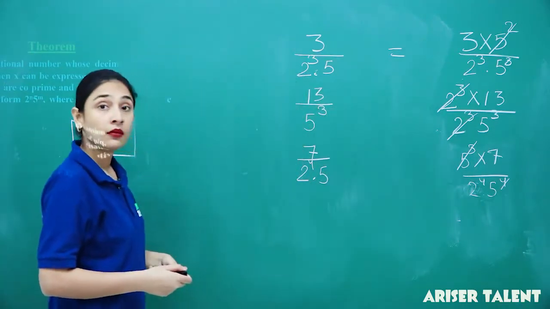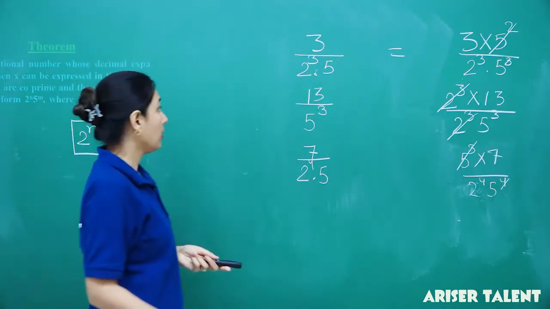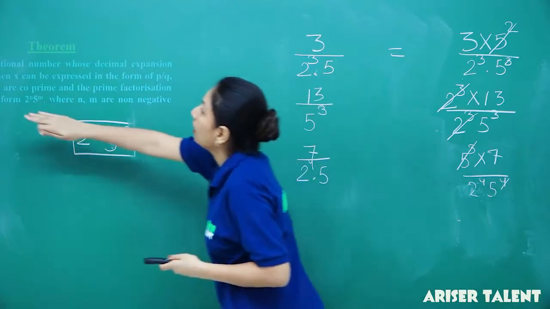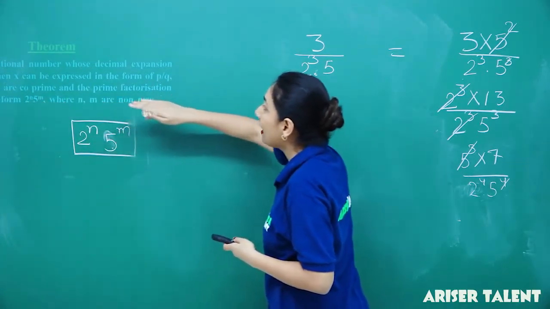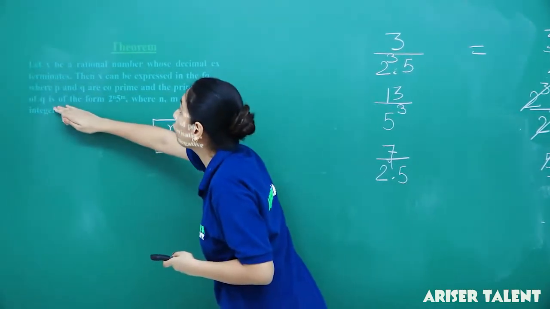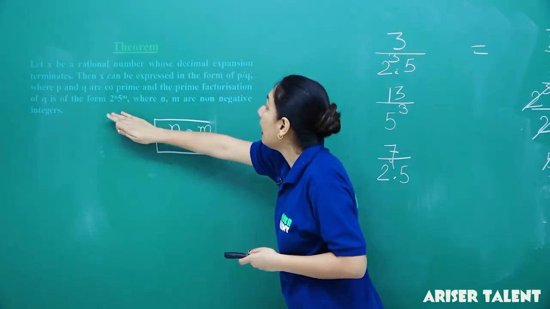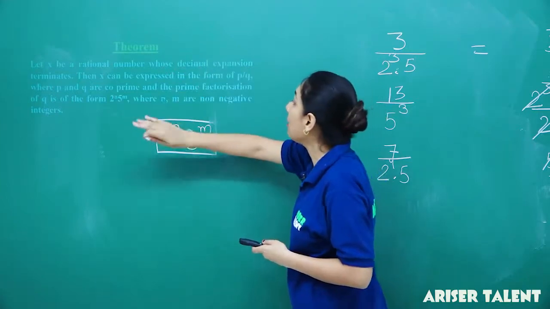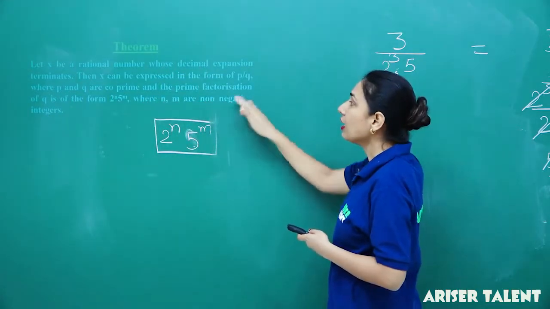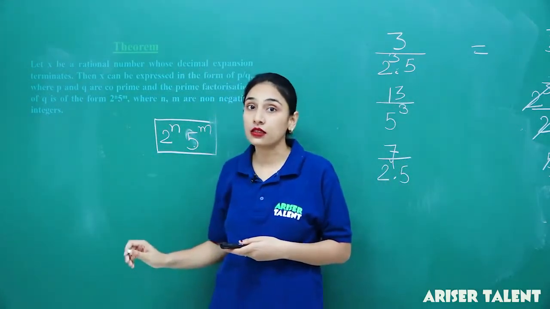Now, p and q are co-prime and the prime factorization of q is of the form 2 raised to power n and 5 raised to power m, where n, m are non-negative integers.